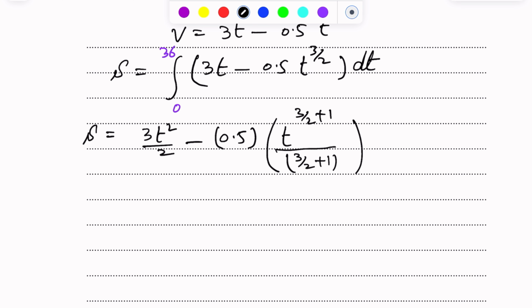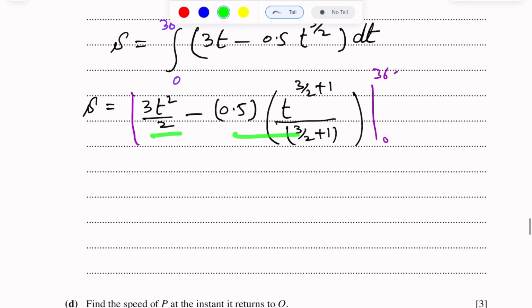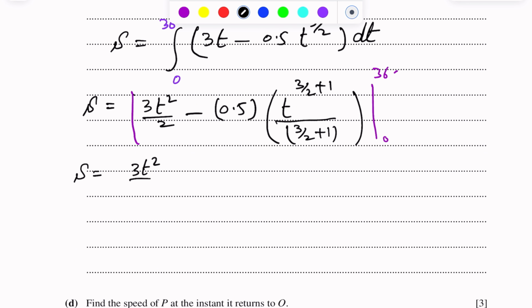And now we simplify it. Limit is 0 to 36. Now we will simplify these terms. We get s is equal to 3t square over 2 minus 0.5 t power 5 over 2 over 5 over 2.